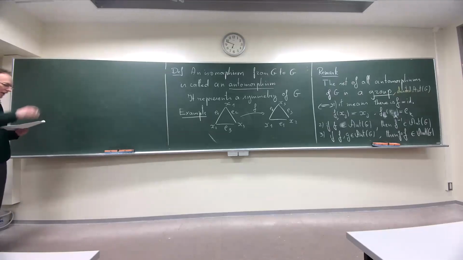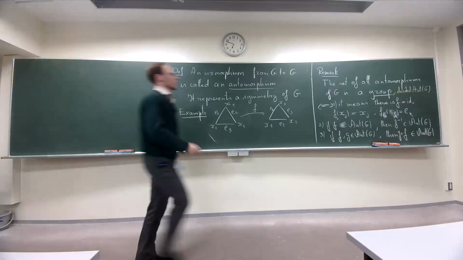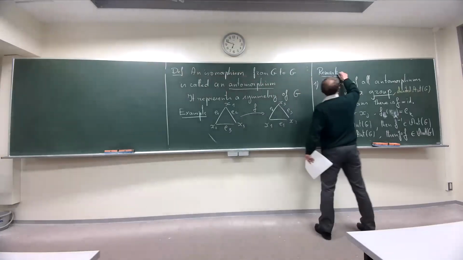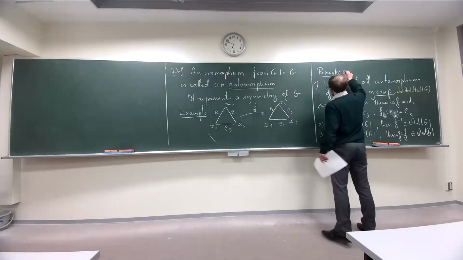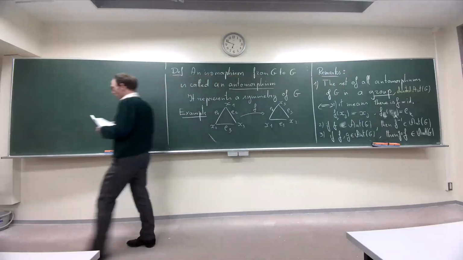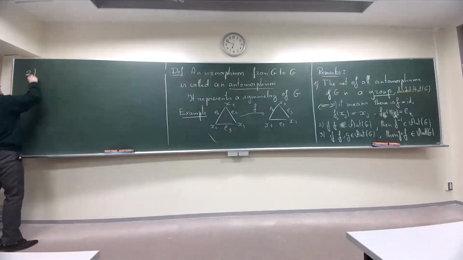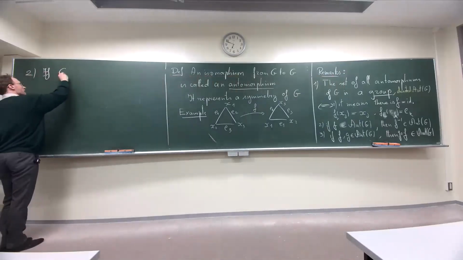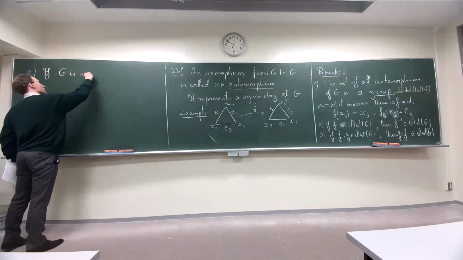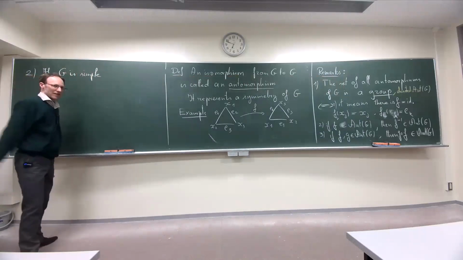Okay, so we have this nice structure of a group. And this was the first remark, probably. And there is a second one, which is also quite simple. If G is simple, remember what simple means?